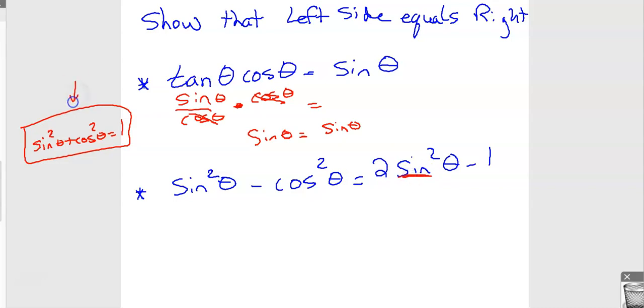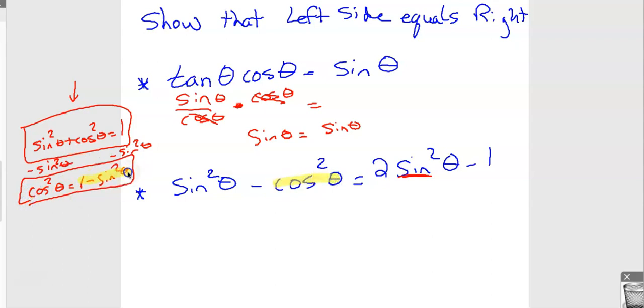So I'm going to basically solve for this cosine and make a substitution here. I'm going to subtract sine squared from both sides. And so cosine squared actually means 1 minus sine squared. So that is what I'm going to substitute in right there.